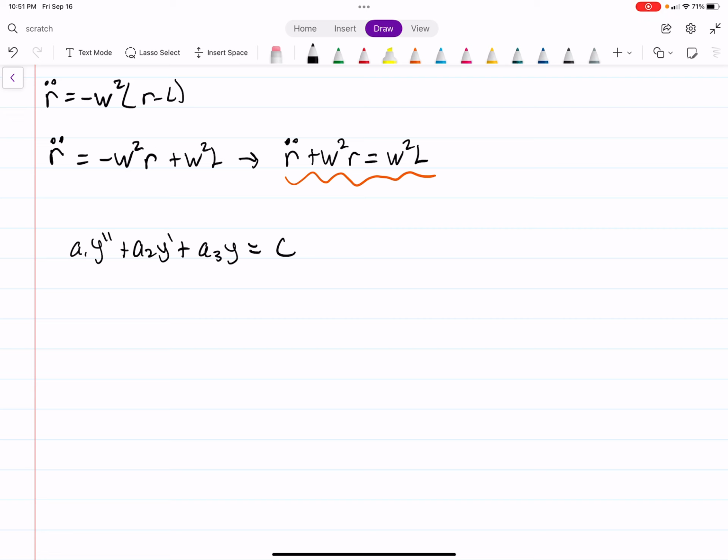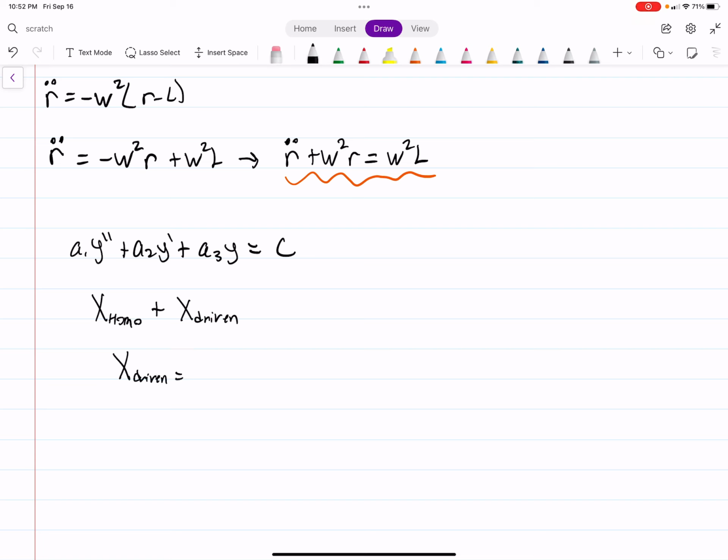And to solve this, we need to solve the homogeneous equation first, and then we need to add to that the driven value, which is actually pretty easy. So the driven value, we'll actually do that first because it's so easy.